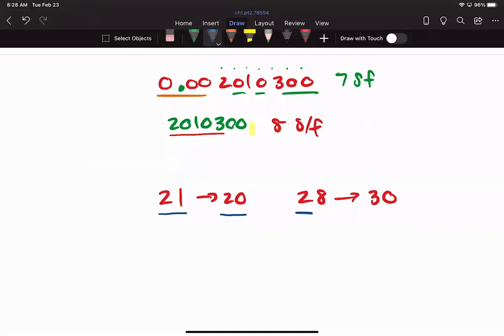So if I have this value here, 7,128, can somebody round this, remembering the rules we just did, to 3 significant figures?